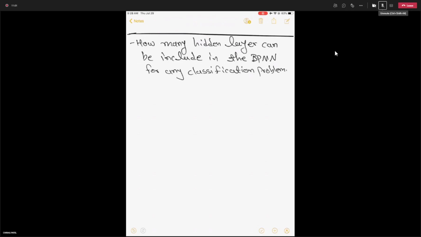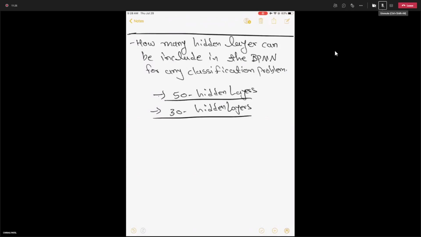If somebody says they want to increase hidden layers massively, say to use 50 hidden layers, or somebody says they use 30 hidden layers, what is this hidden layer going to impact in your system? That we need to understand.